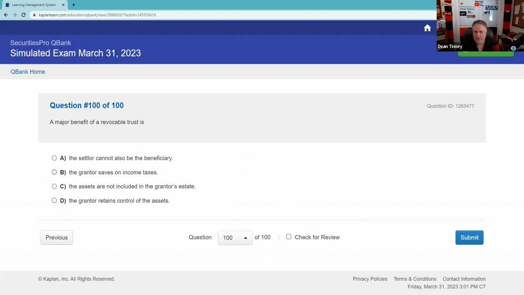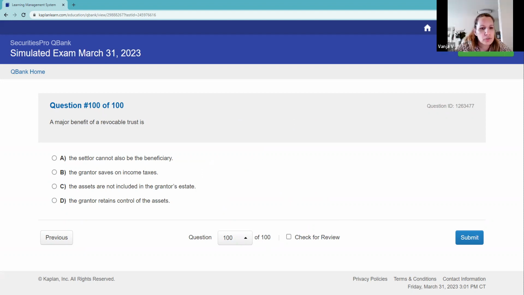A major benefit of a revocable trust is: the settlor cannot also be the beneficiary; the grantor saves on income taxes; the assets are not included in the grantor's estate; the grantor retains control of the assets. Revocable trust. The grantor saves on income taxes.